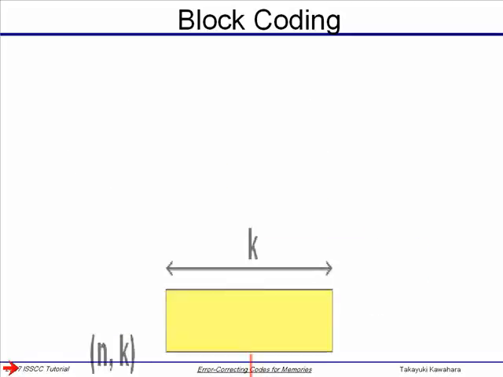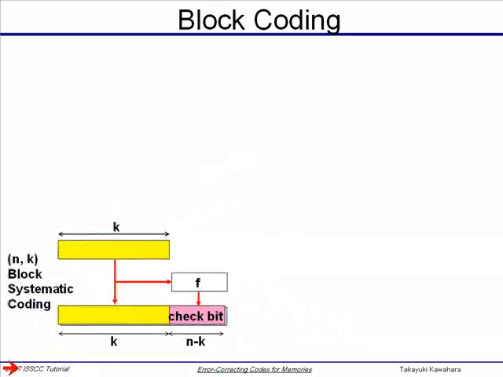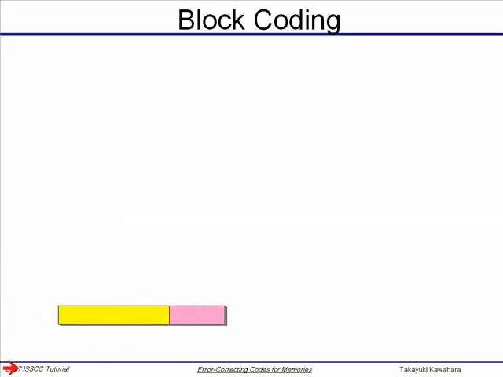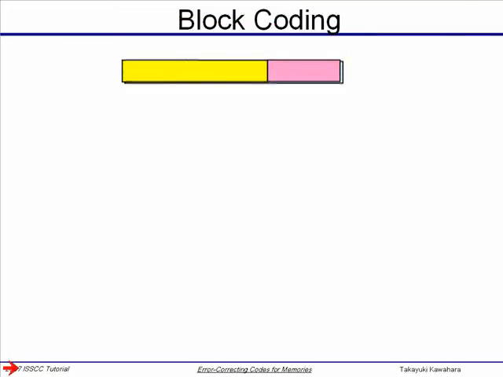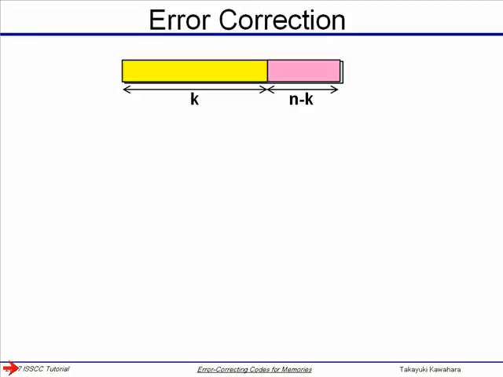Okay, so we now create some coding, but after that we have many other sequences. So we created one word that is 8 bits. The k is from the original data, n minus k is what we calculated.